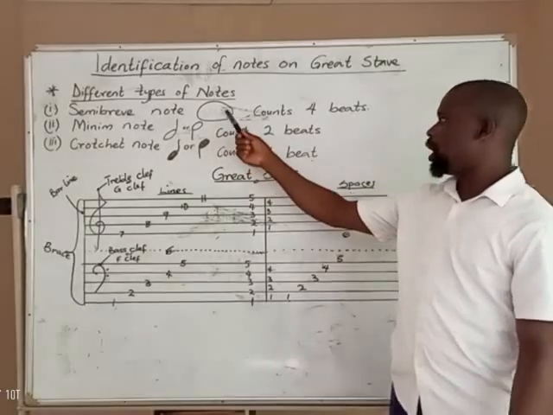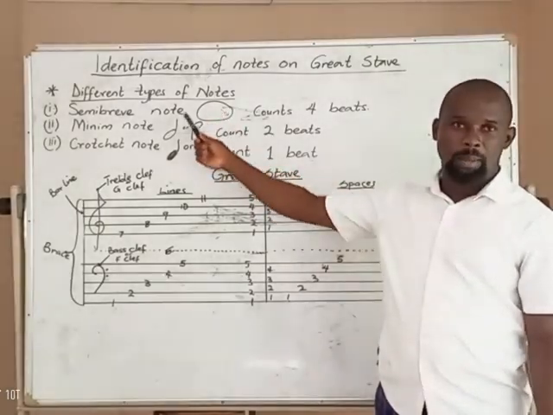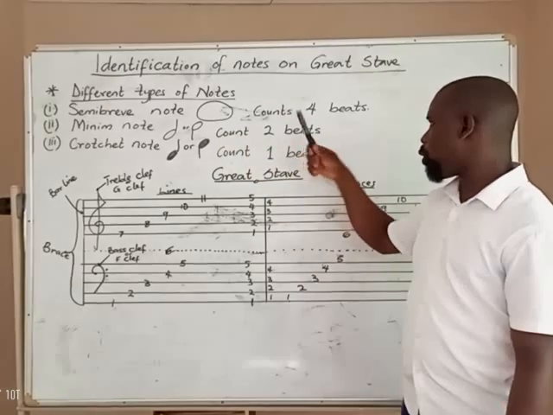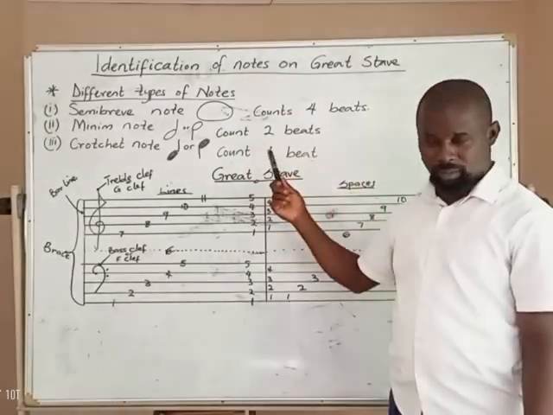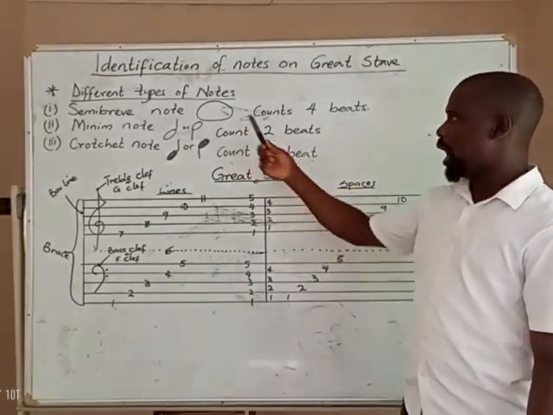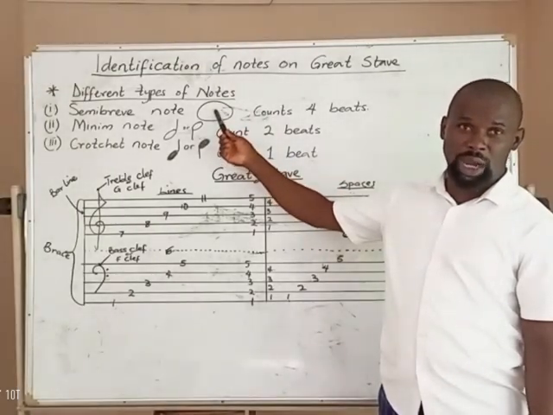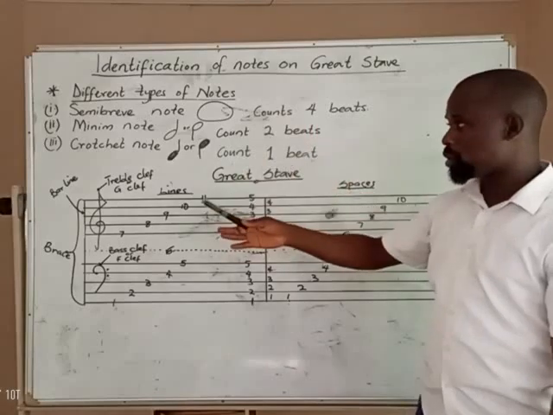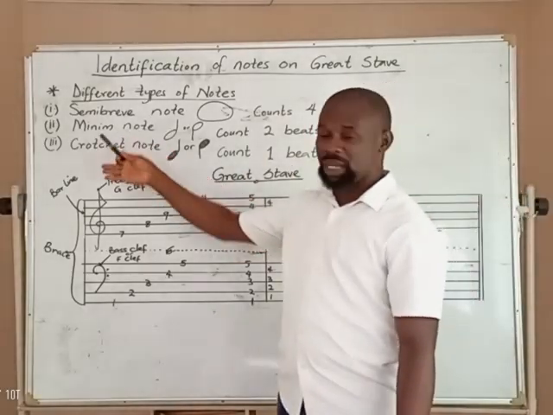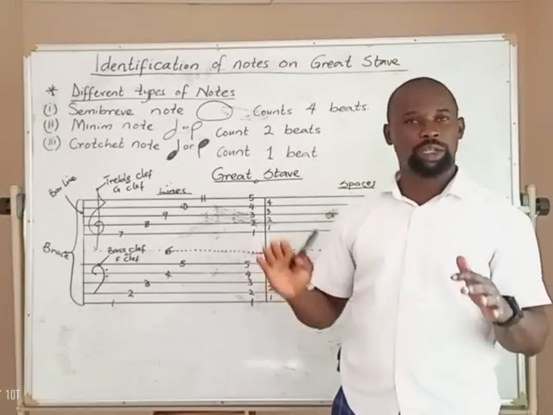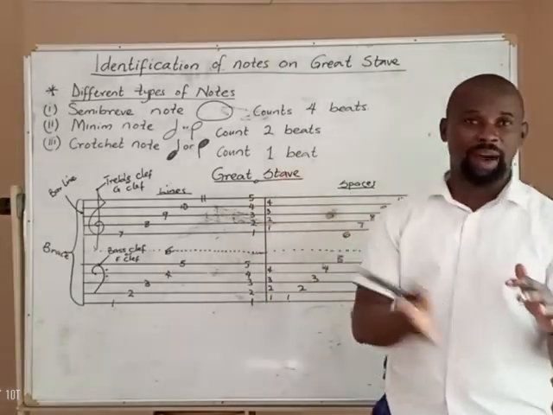The semibreve here looks like an egg, but it's not an egg, and it counts 4 beats. So it has the longest duration in counting. One thing about these notes is that they keep cutting into halves.